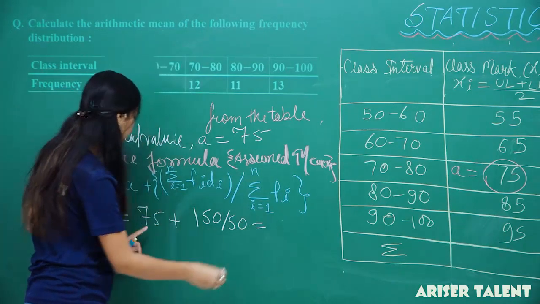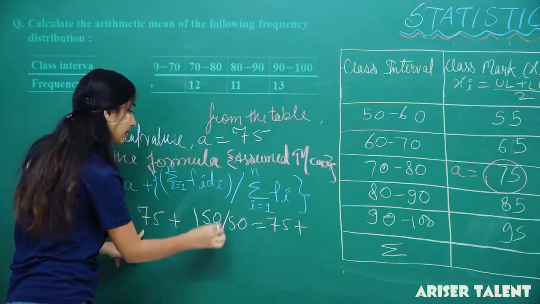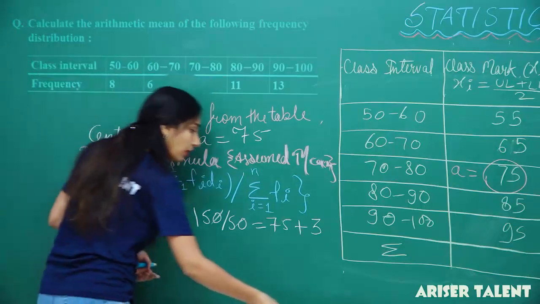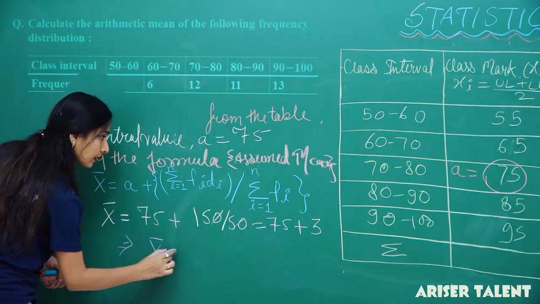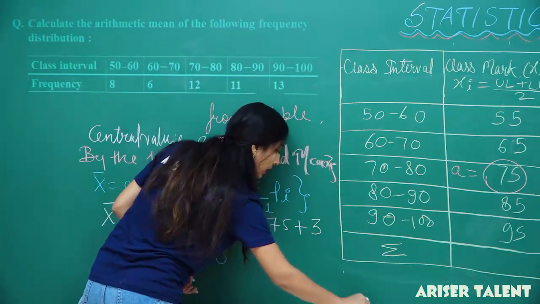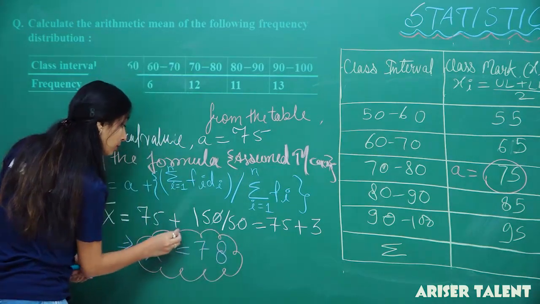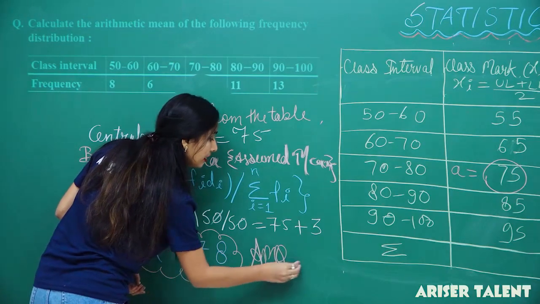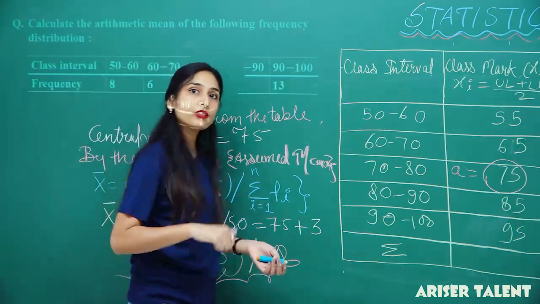So 75 plus 3, and this is simply X bar equal to 78. Now you understand why this method is very good and less time consuming: even with more steps, there is less calculation.